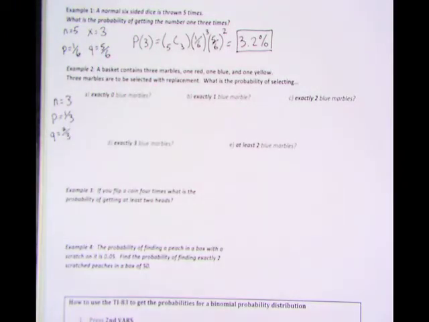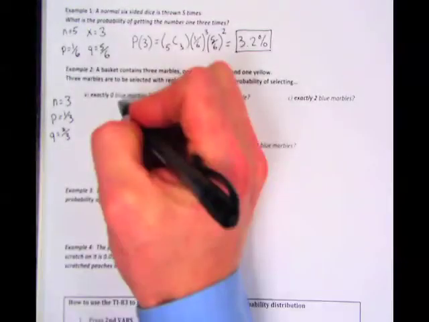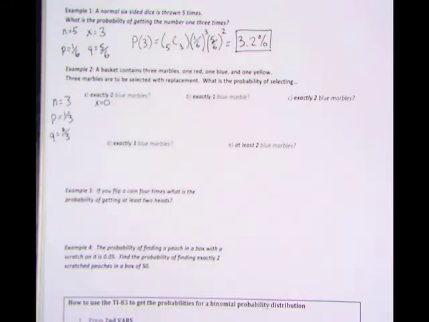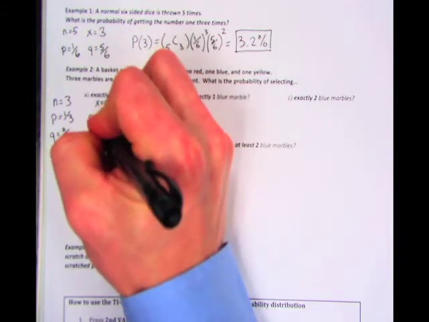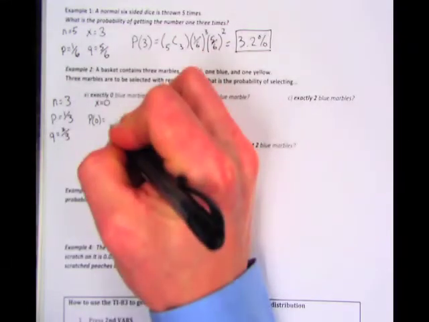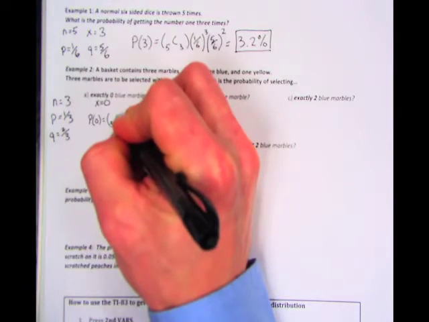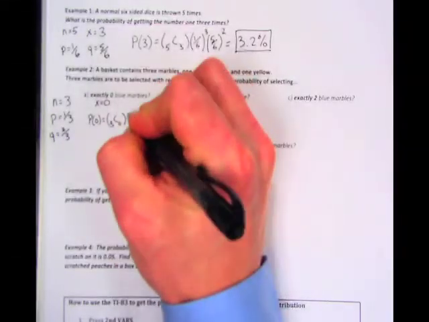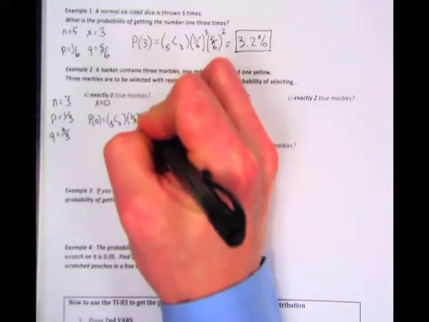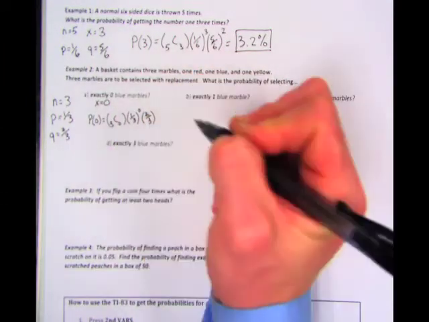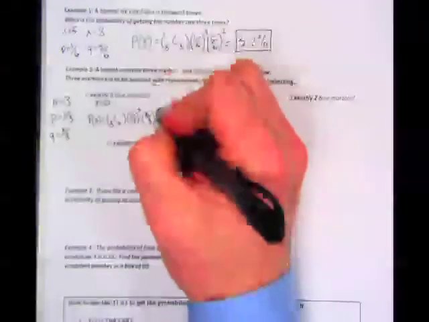So if we're looking for exactly 0, x is going to equal 0. So the probability of 0 equals nCx, so 3C0 times 1/3 to the 0 times 2/3 to the 3 minus 0, which is just 3.